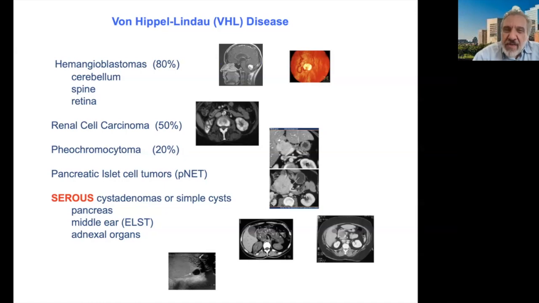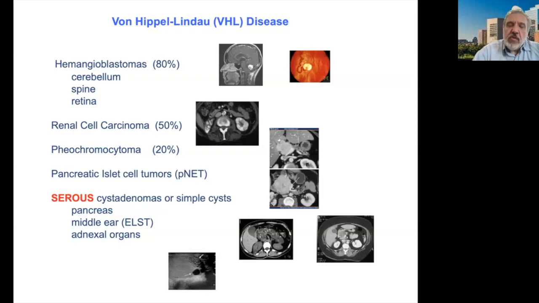At the beginning, we hadn't realized that hemangioblastomas were so often present, but it has become clear that they're now the most prevalent tumors in VHL patients. 50 to 60% of VHL patients develop renal cell carcinoma. These are malignant tumors from the beginning. 20% develop pheochromocytomas, and again, most of them are not malignant.